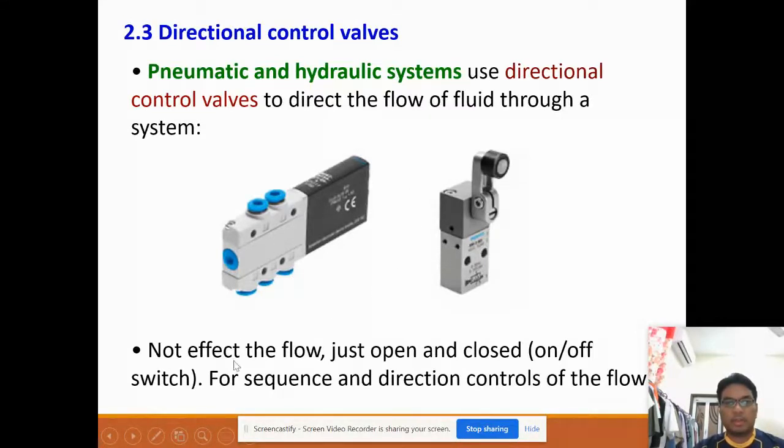This valve does not affect the flow; there is no control of flow rates or velocity. It is just an open and closed system, like an on-off switch. You turn it on and the flow goes, you turn it off and the flow stops. So it is better for setting the sequence of the control system, sequence 1, 2, 3, and also for giving proper direction control of the flow.